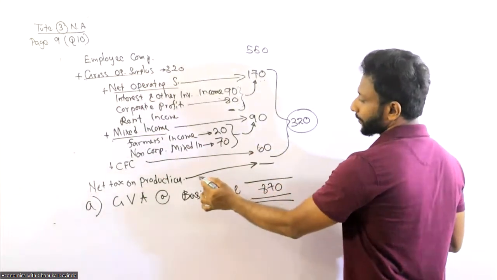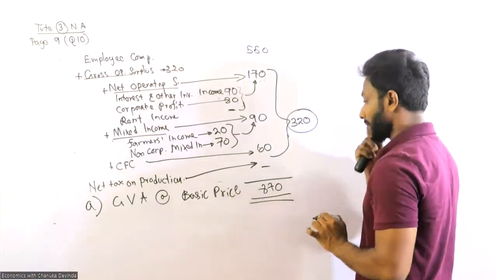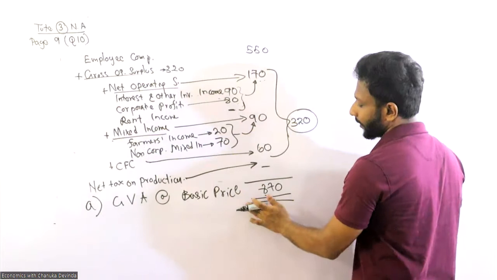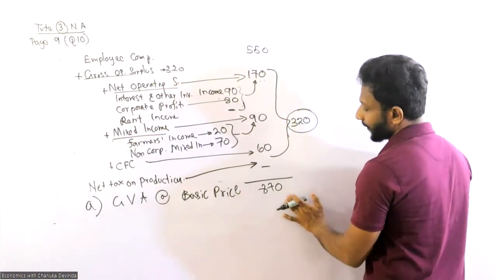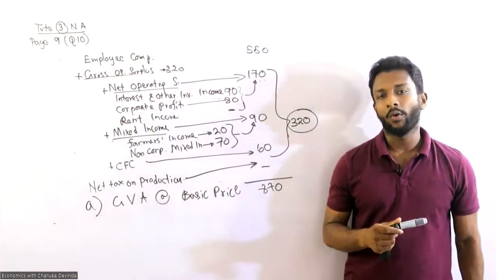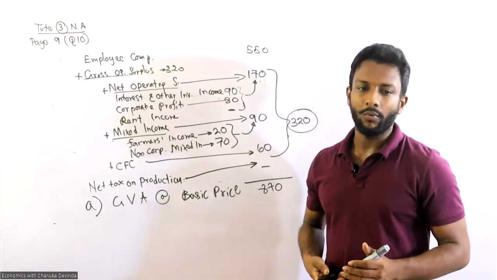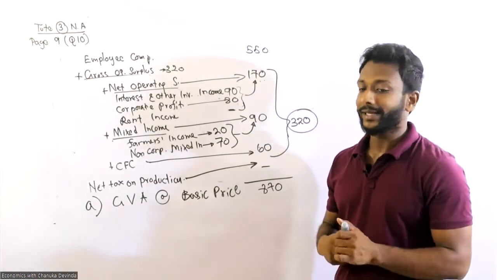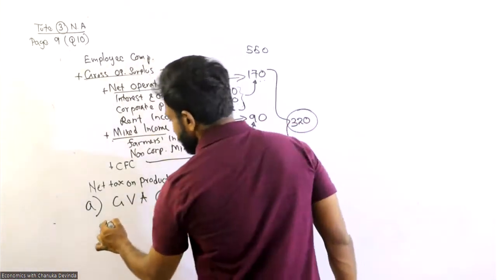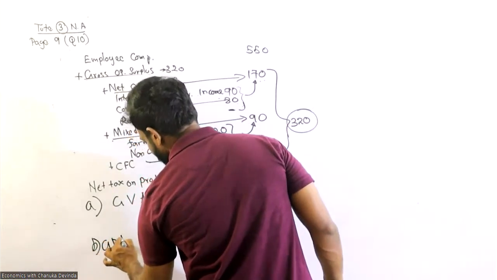Then net tax on production, it is 0. They have not given that value. So when we add all these three things, we can identify the value of gross value added at basic price, right? So if we add one thing more, we can calculate the next one as well. So B is GDP.